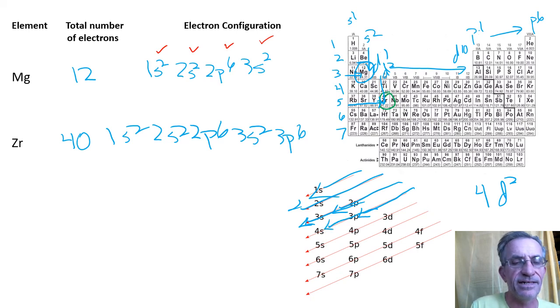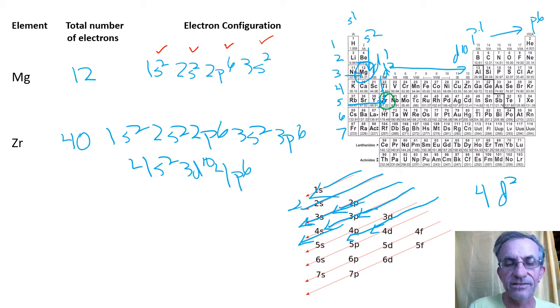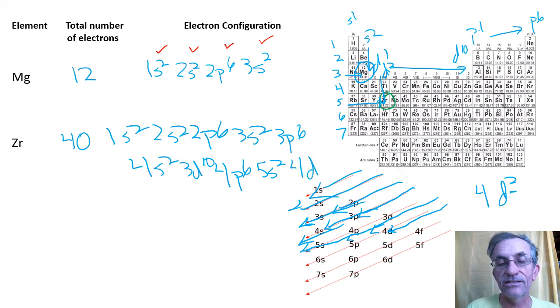I'm running out of room, so I'm going to keep going down here. 4s2. After 4s2, hit the next arrow. 3d10. After 3d, you get to 4p6. After 4p, 5s2. And after 5s, the next level you fill up is 4d, and it should be 4d2.